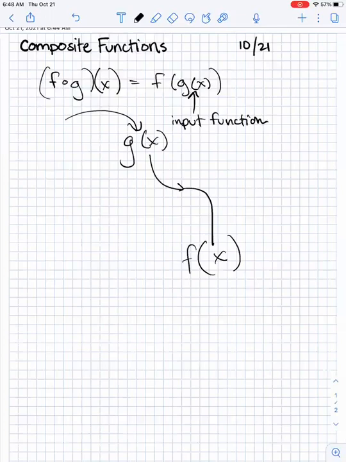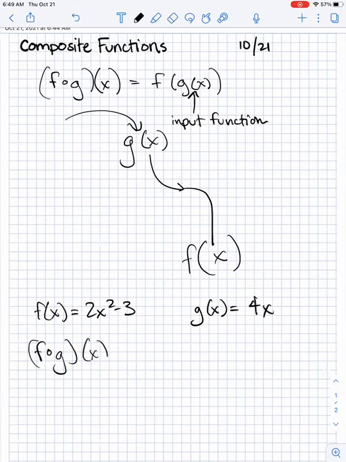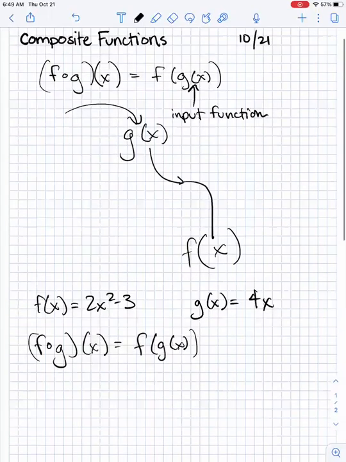So quick example, if f of x is equal to 2x squared minus 3 and g of x is equal to 4x, f of g of x is going to be like f of g of x, where g of x is the input.